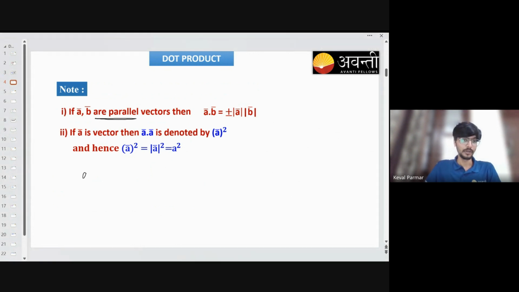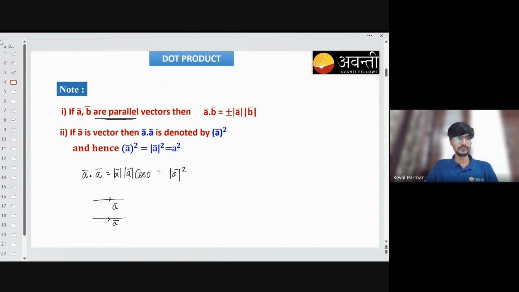Why? Because if we take dot product of vector with itself, what do we get by definition? We'll get mod A into cos 0. Now both vectors are a bar and a bar, so the angle between them is 0. What is mod a into mod a? It is mod a square.